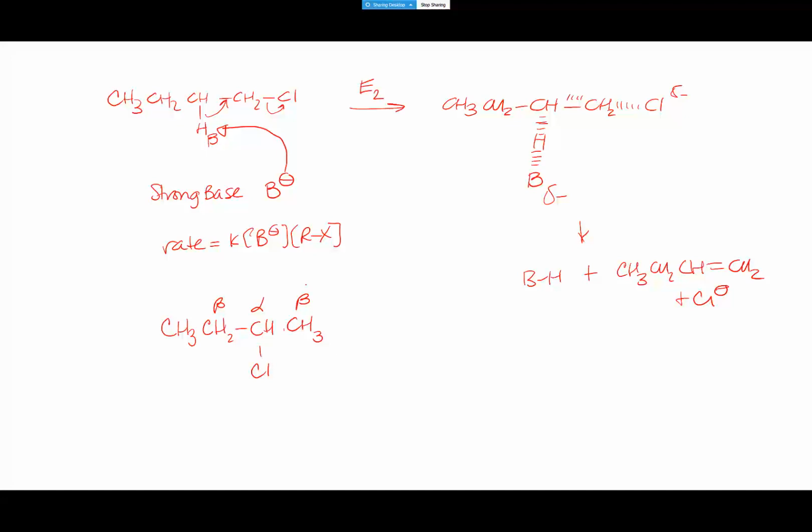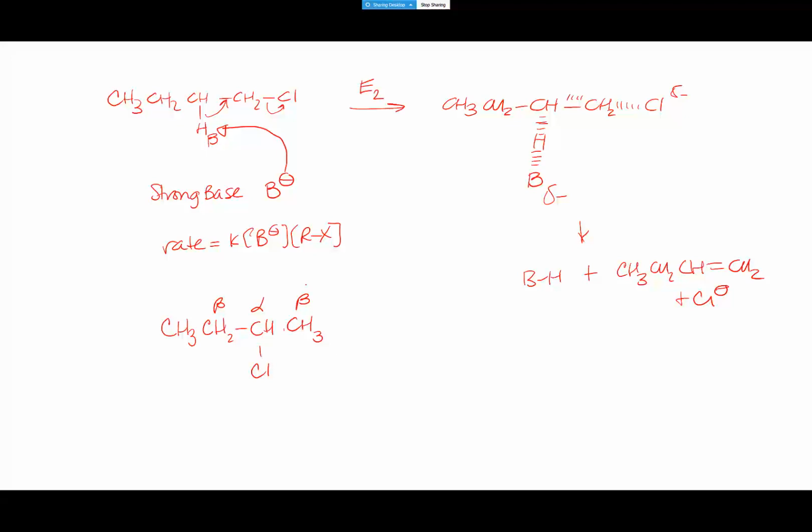So the first thing we've got to deal with is this. That strong base is also a strong nucleophile, you said it before, Jenny.